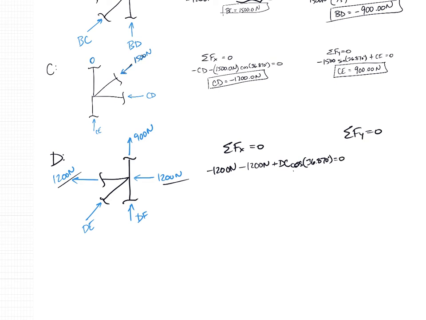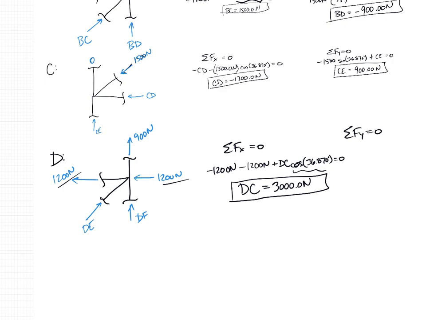For that, I would use 4 over 5, but that's entirely up to you. So this becomes 2400, 5/4 of 2400 is 3,000, positive 3,000 newtons. So that means DC is in compression.